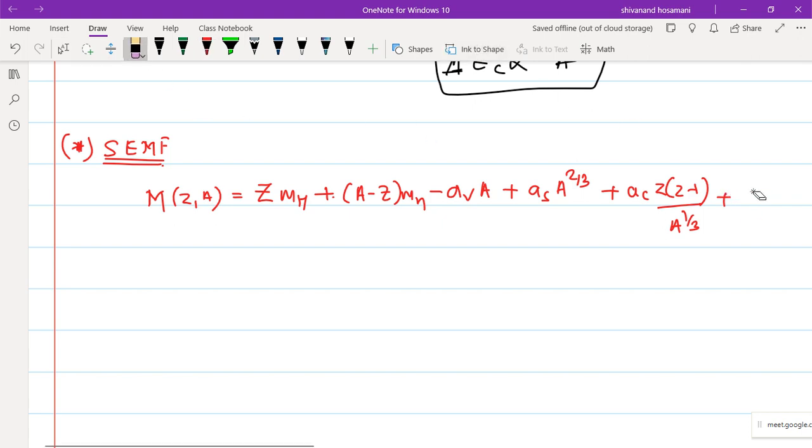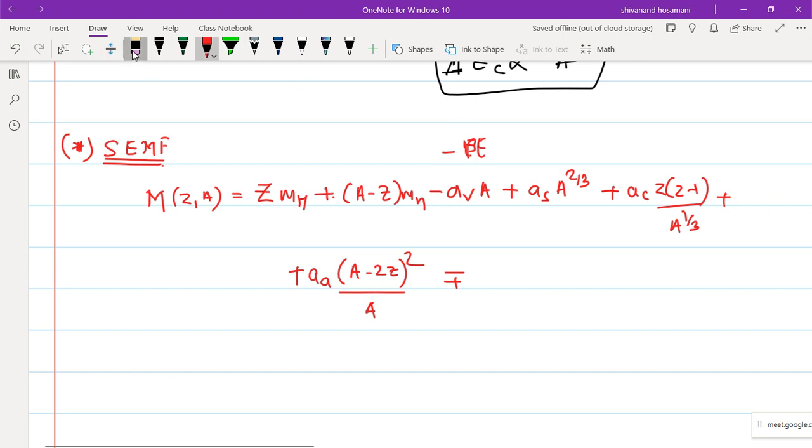The next part is the asymmetric part. So how do you write this asymmetric part? The asymmetric part becomes plus AA into A minus 2Z whole square divided by A. Next is plus or minus, that actually becomes minus or plus, isn't it? Generally that was minus times the binding energy.